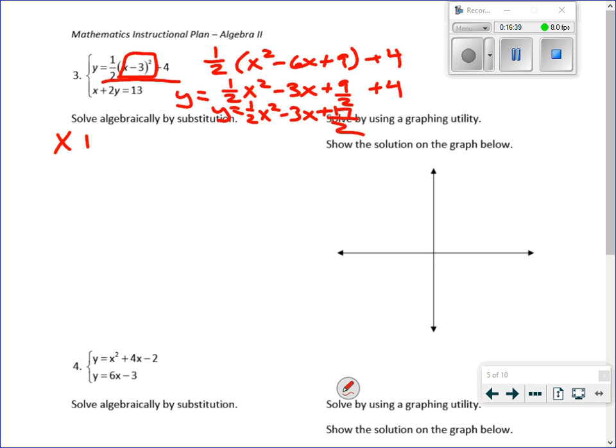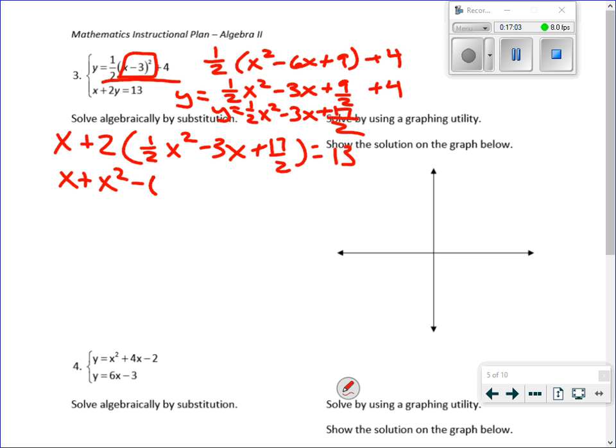So we would have x plus 2 times our y, which is 1/2 x squared minus 3x plus 17 over 2, equal to 13. Now it's not that big of a deal that we have these fractions because I'm multiplying everything by 2. So x plus x squared minus 6x plus 17 equals 13. This is back to where we've been before.